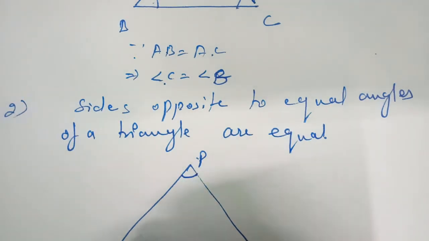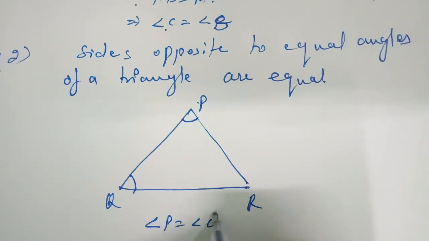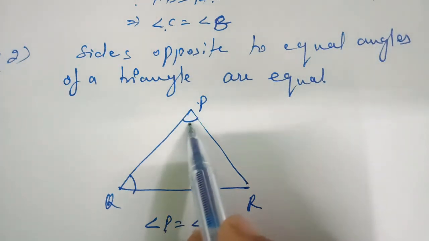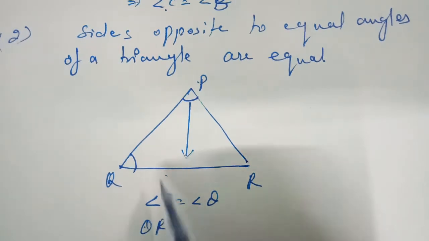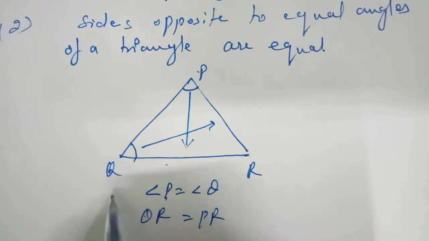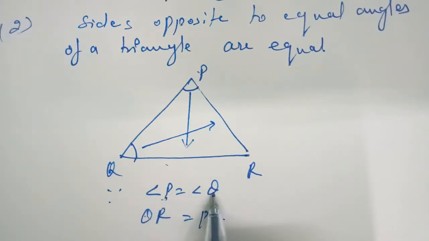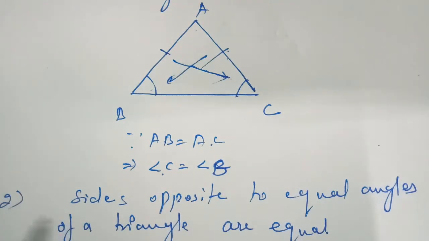Suppose we are taking angle P equal to angle Q. It is given angle P equal to angle Q. Then the sides opposite to them are also equal. If we take the side opposite to angle P, we have QR. And if we take the side opposite to angle Q, we have PR. So, since these two angles are equal, this will give QR equal to PR. It means the sides opposite to equal angles are equal. Both the properties are converse of each other.